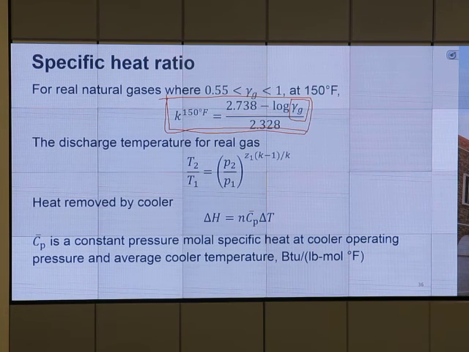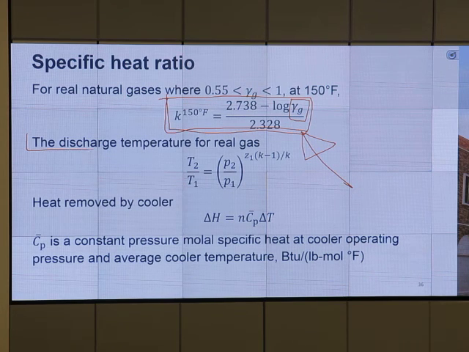If it is not 150, you cannot really use that formula, but if that is the only formula you have, that is better than nothing. You still use it if it's 160, 170, 200 or something, but that equation is valid at 150 Fahrenheit. If it is at other temperatures, you have some error, okay?